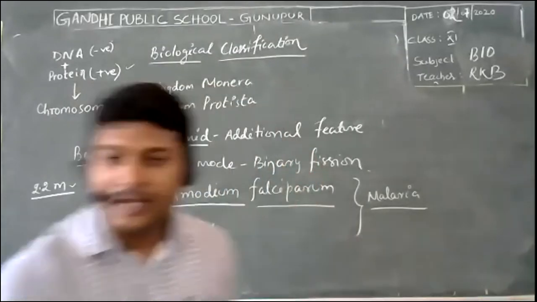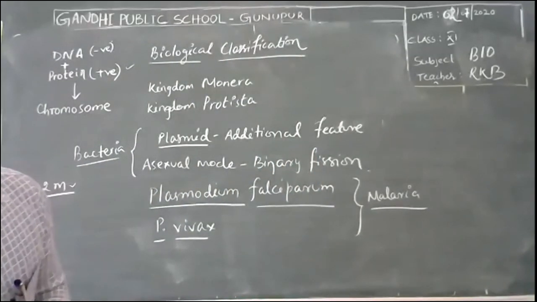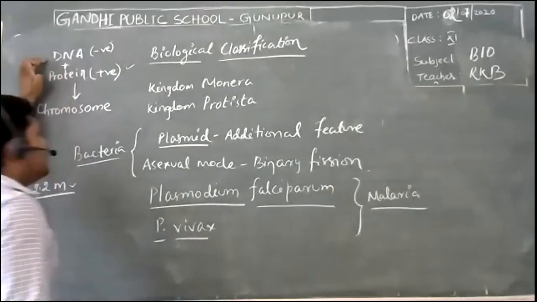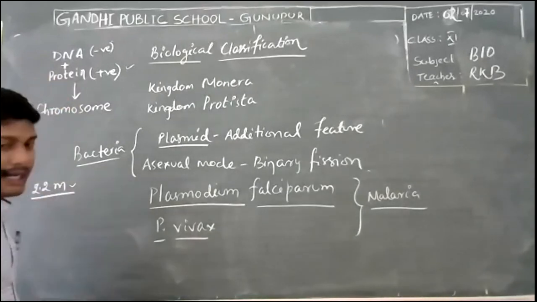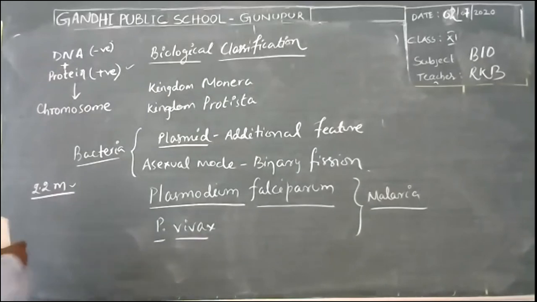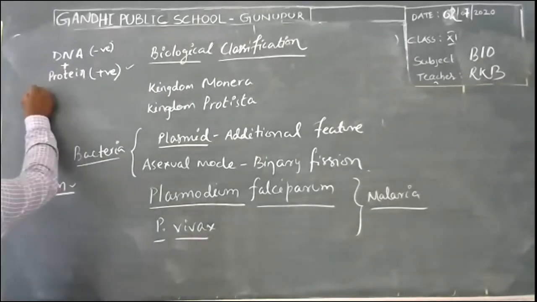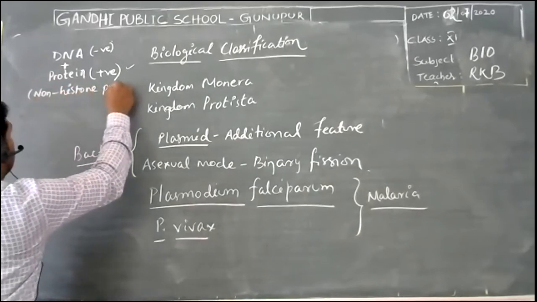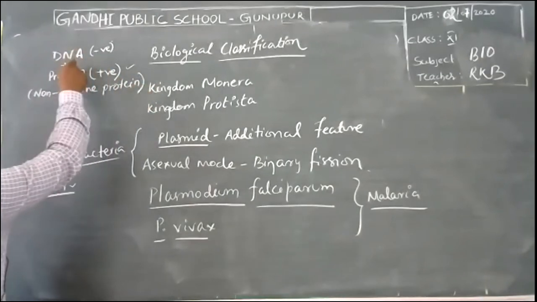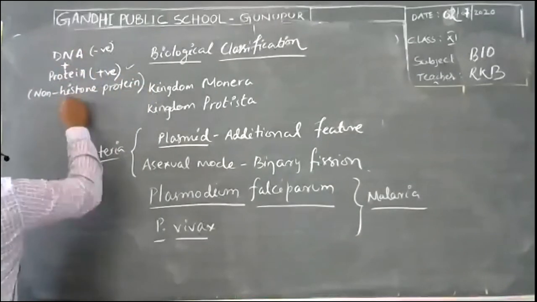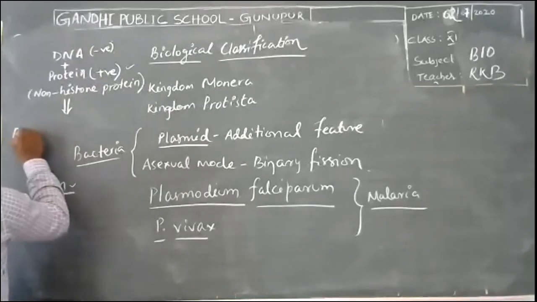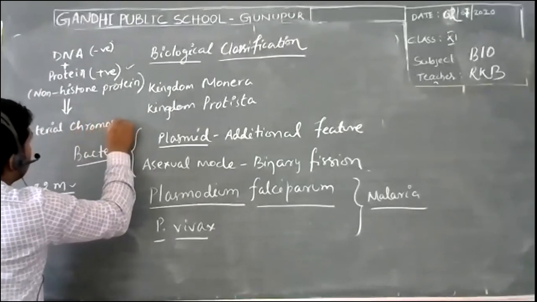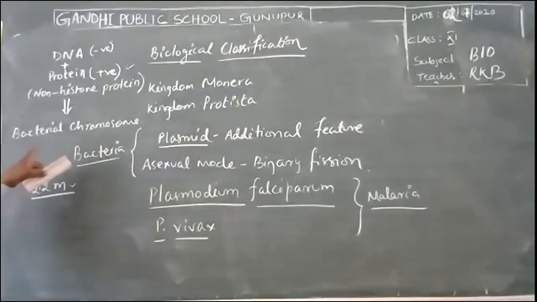Now, it is the same even in the case of lower organisms. For example, in prokaryotic organisms, the DNA associates with some proteins, and in bacteria these proteins are called non-histone proteins. This DNA and non-histone protein then give rise to the bacterial chromosome.